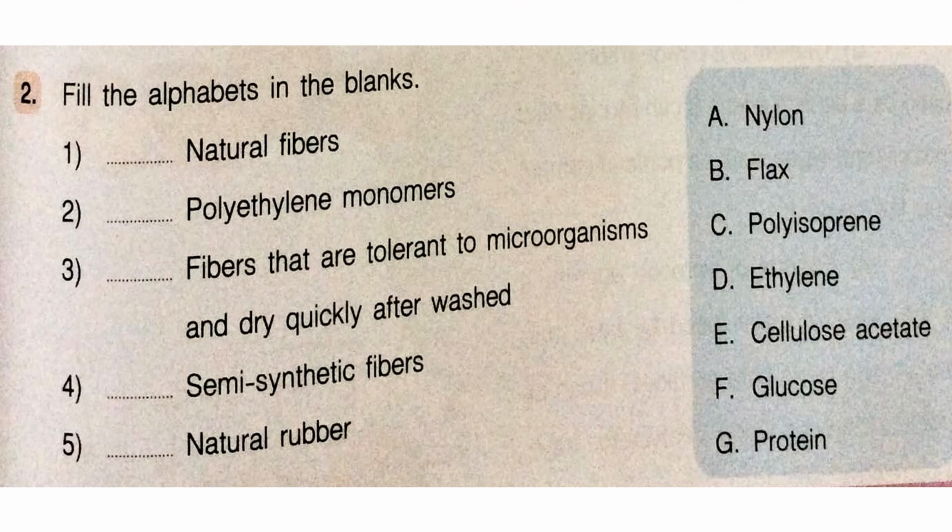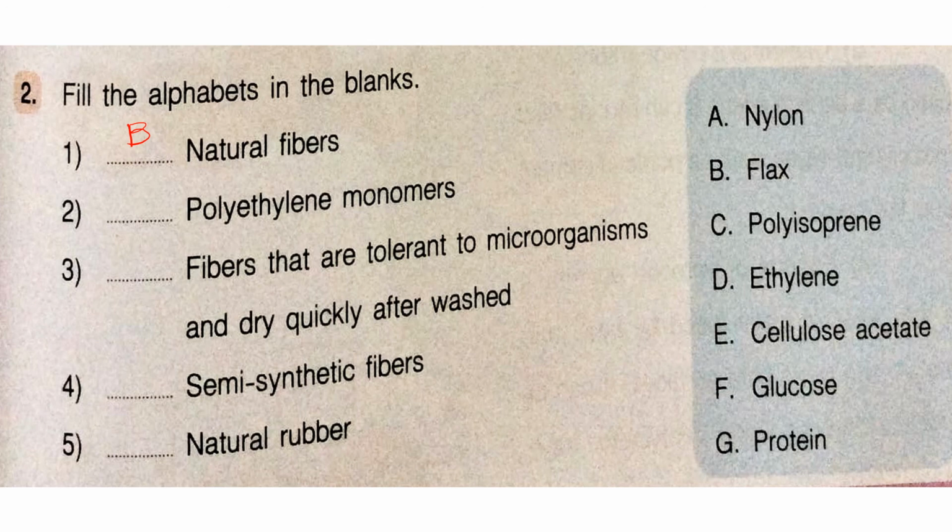Okay, for number two, let's try to match the numbers to their corresponding letters. What do you think is an example of your natural fiber? The answer here is letter B, your flax. Flax is an example of your plant-based fiber.